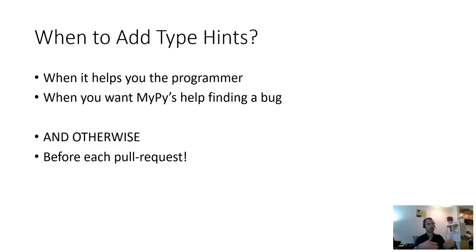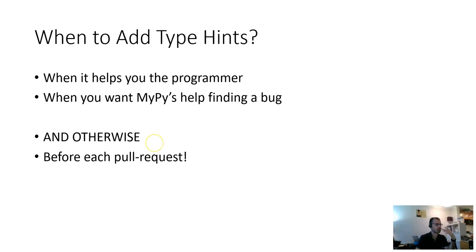Now, so that's what to type, or where in your code to add types. Now, when in the programming process should we add types? This is all my opinion, by the way. I would add them if they help you program, right? I would add them if you want MyPy to help you find a bug. That's a good time to add some types. And otherwise, maybe before each pull request, because you don't really want to add types to a bunch of stuff that you're going to change and ultimately slow down your coding.